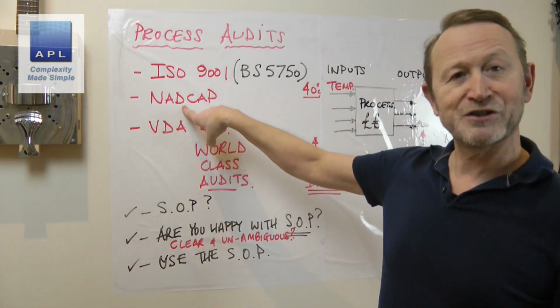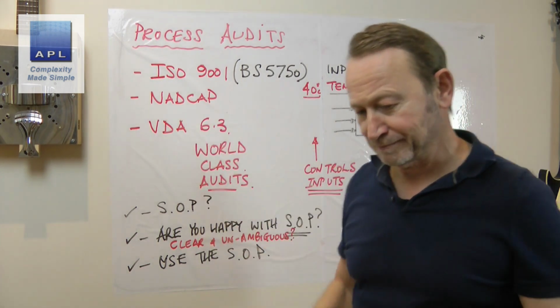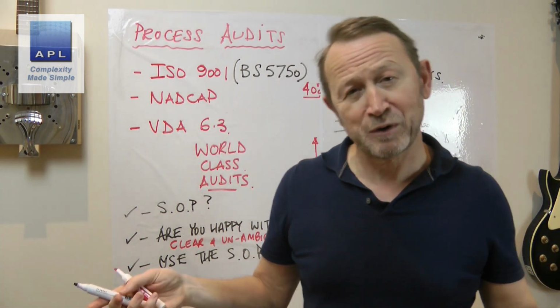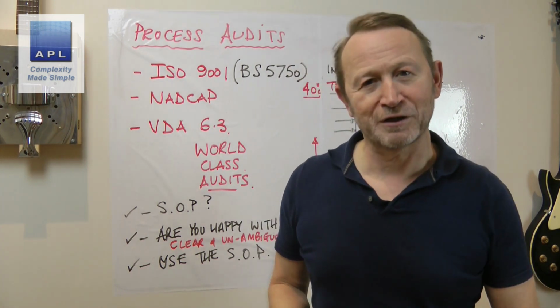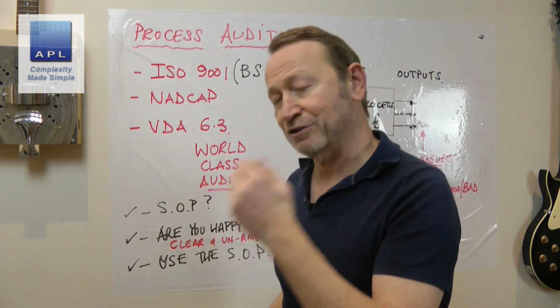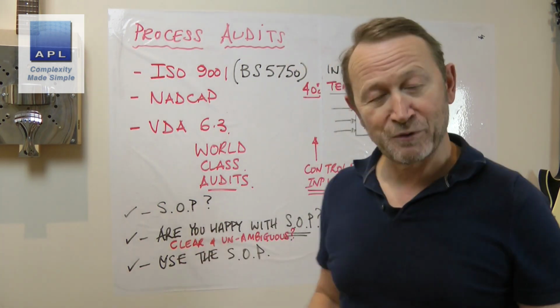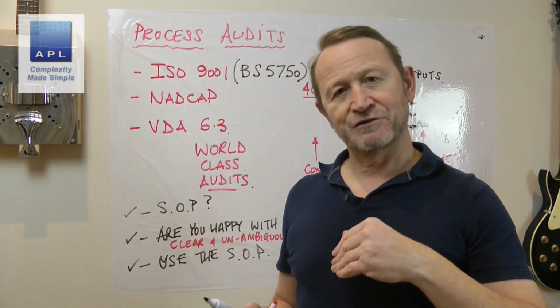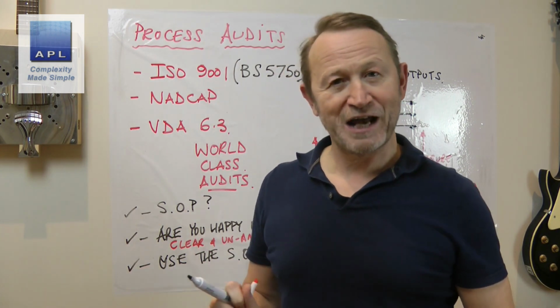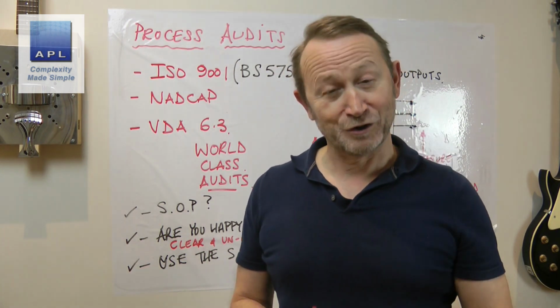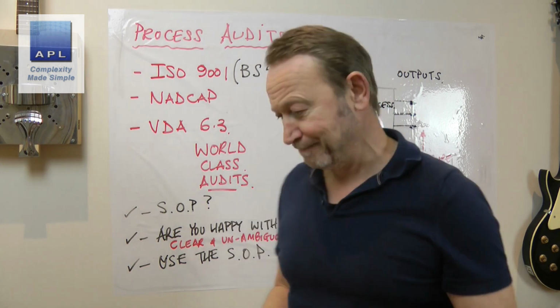I visited a plating company that was NADCAP certified. Now, I'm not a plating expert. I was there to help solve a problem that was coming to one of my clients, and I turned up and we went to audit the process. And the NADCAP procedure allowed the following standards to exist on the plating plant, okay?